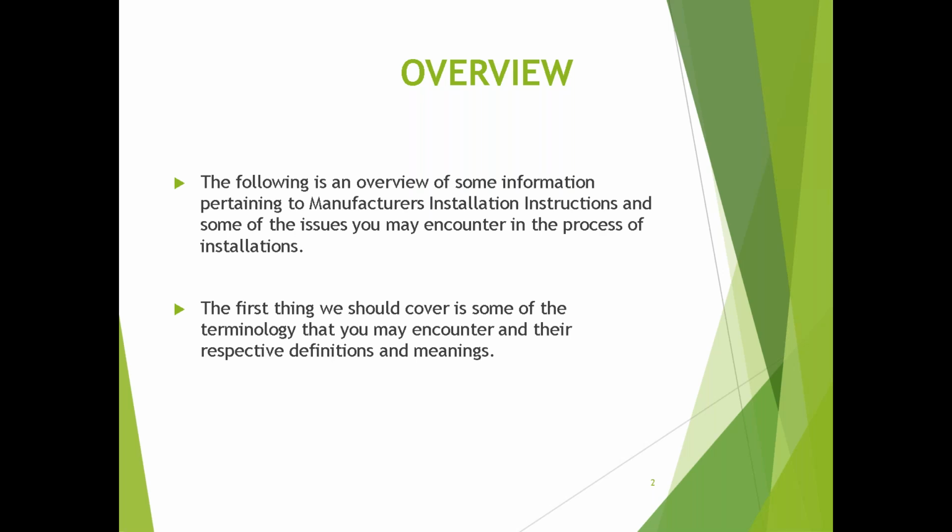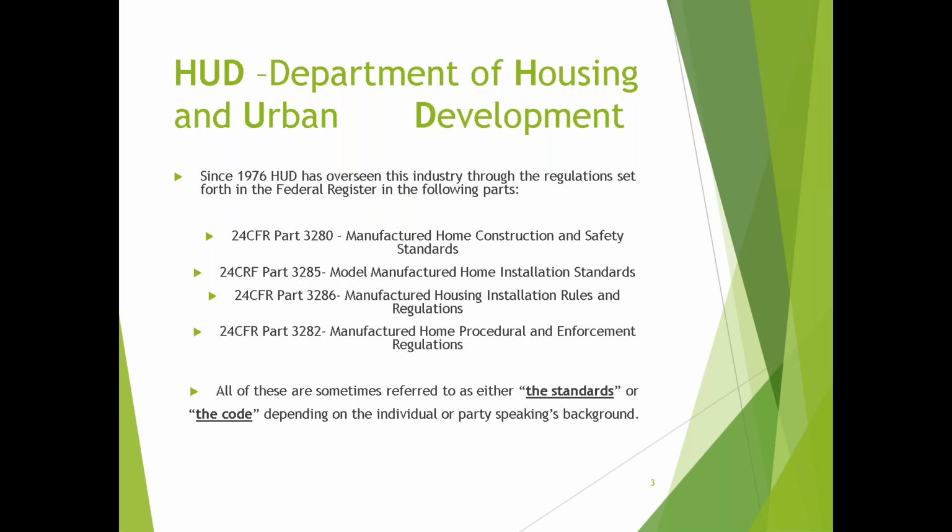One of the things we need to address from the get-go is we probably need to talk about some terminology. First of all, some basic stuff. HUD, which is nothing more than the Department of Housing, has been in existence since 1976.